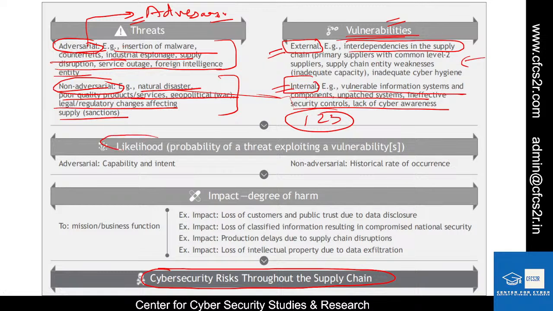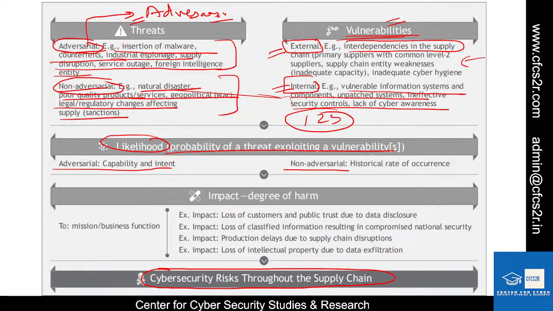The second important part is likelihood, and that is the probability of a threat exploiting a particular vulnerability. These points we have already discussed in our previous session, but this is an integral part of the framework, so that's why I am repeating some of the things. When we talk about framework SP 800-161, we have likelihood for adversarial and non-adversarial.